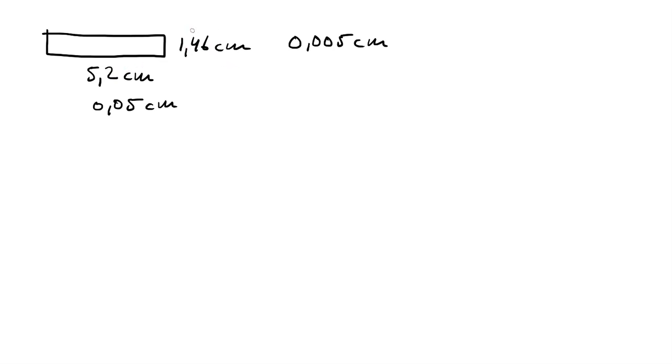Same here, if we think that this has been rounded off to 1.46, we think that it has been rounded off from a value between 1.455 and 1.465. So it's plus minus the uncertainty here. That's how we've been thinking. Of course, we don't know if it's been like that, but let's assume that the absolute measurement errors are like this.